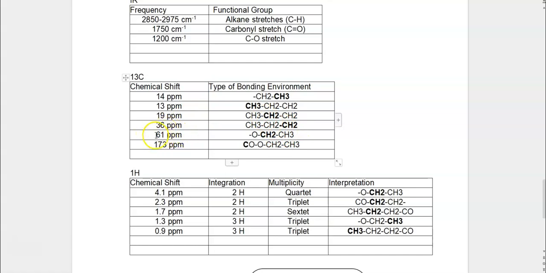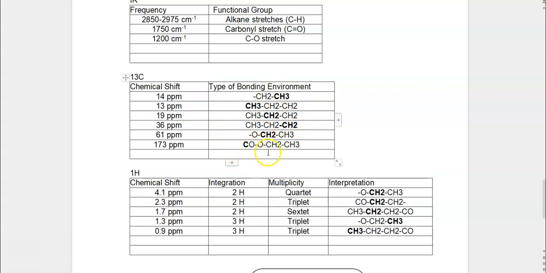And you have this one, which appears at 61 ppm, because this particular carbon is right next to an oxygen and is only next to one carbon, which is a methyl group.